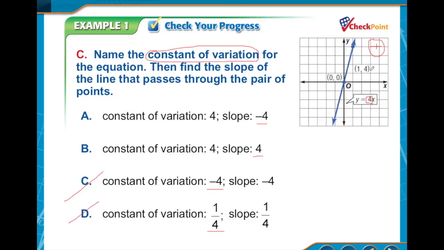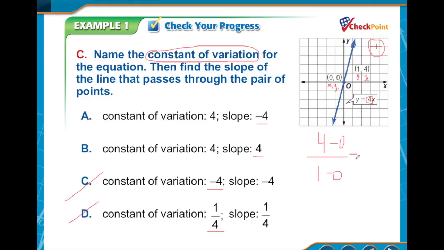But if we want to quickly double check, we can label this our x2, y2. This one's our 2's. This one will be my x1 and my y1. And then I can quickly subtract. So y2 minus y1, 4 minus 0, over 1 minus 0.